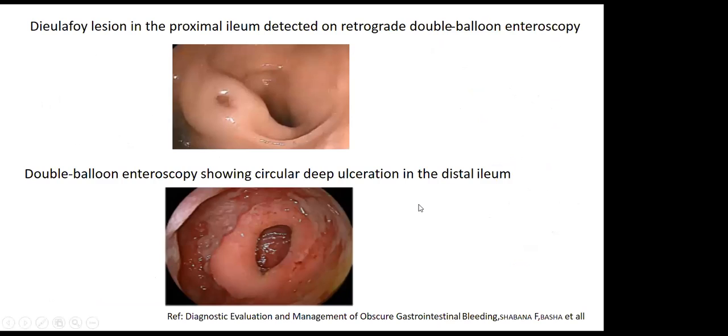With the help of double balloon enteroscopy, in the proximal ileum, a Dieulafoy lesion is seen. Similarly, with double balloon enteroscopy, deep ulcerations in the distal ileum can be seen in this image.